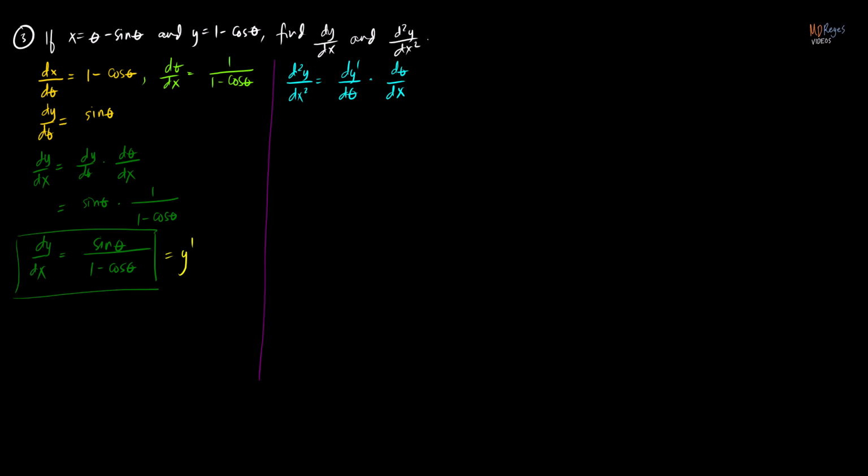Using the quotient rule for the derivative of y prime with respect to theta, that's 1 minus cosine theta times the derivative of sine theta, which is cosine theta, minus sine theta, the numerator, times the derivative of 1 minus cosine theta, the denominator, which is positive sine theta, all over the denominator squared, 1 minus cosine theta, quantity squared.